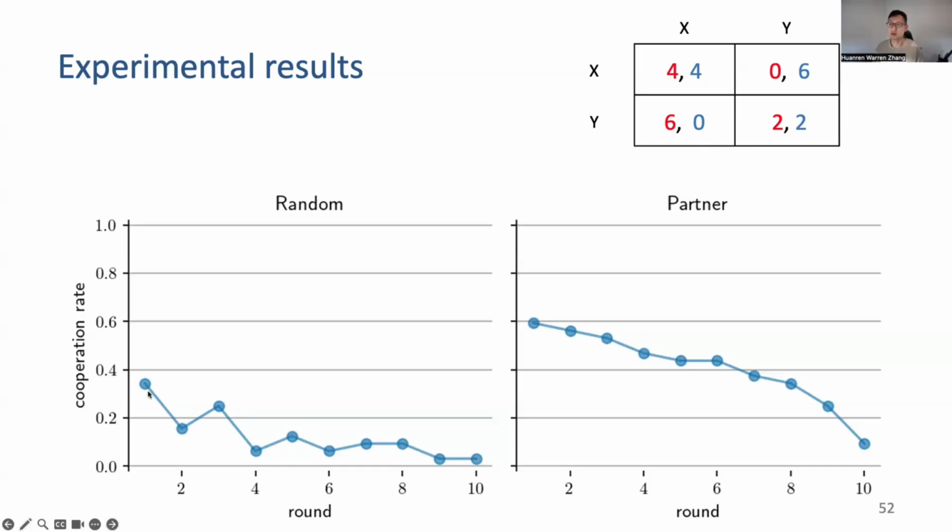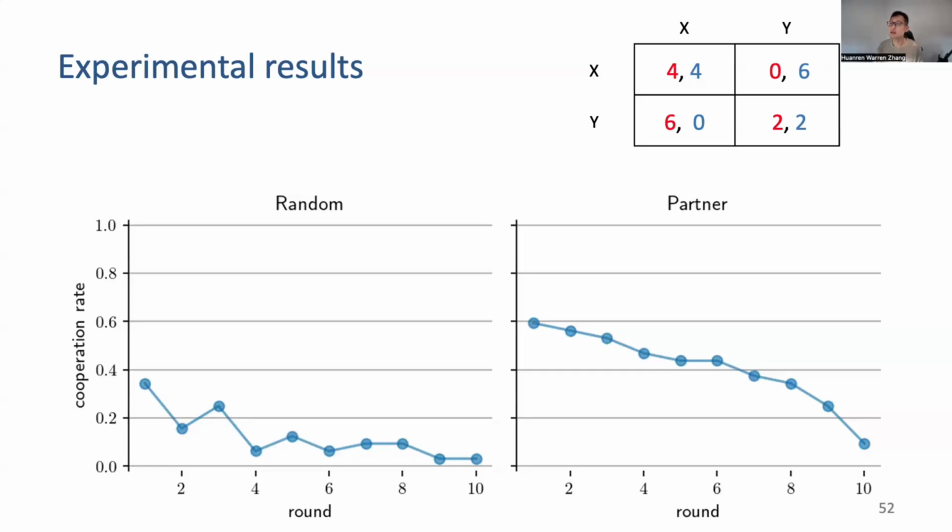At the start, there's some level of cooperation. It's maybe more than 30%, but we do see the cooperation rate gradually decrease. This is consistent with the prediction of Nash equilibrium that everyone will defect.